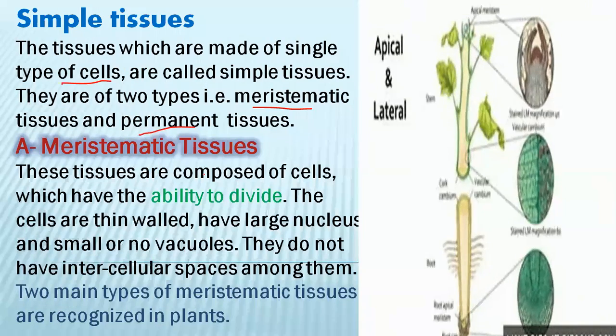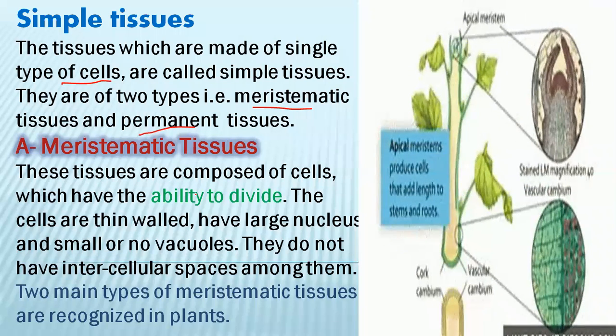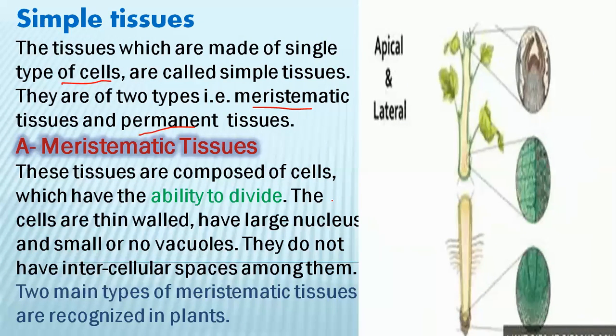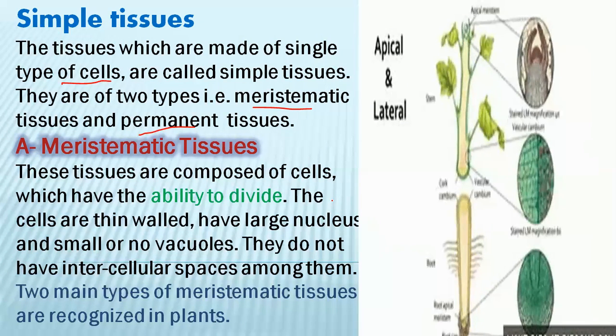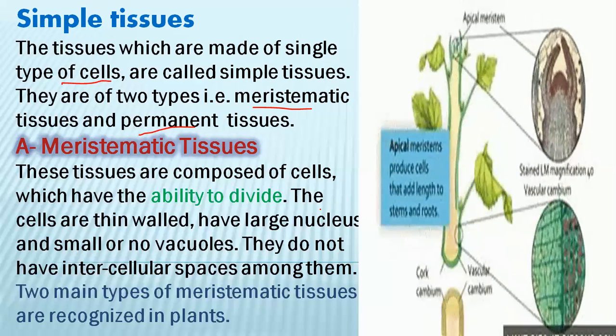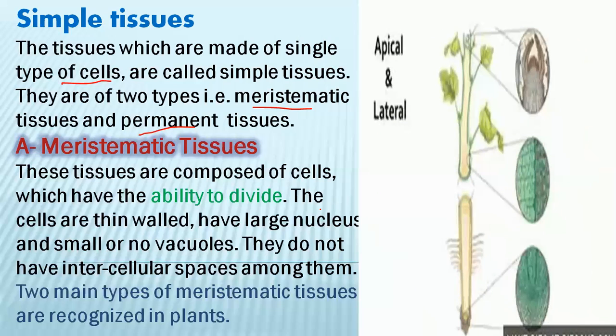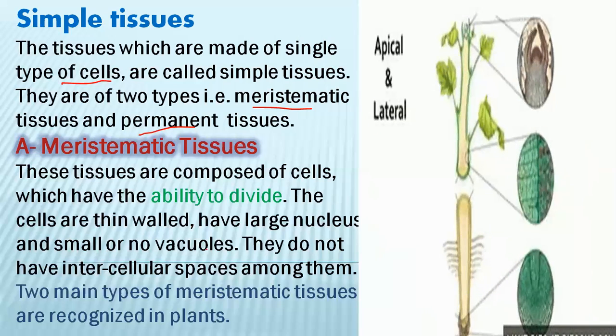Meristematic tissues. Meristematic tissues are composed of cells which have the ability to divide. Division of cells occurs in these tissues because they are thin walled and have a large nucleus.